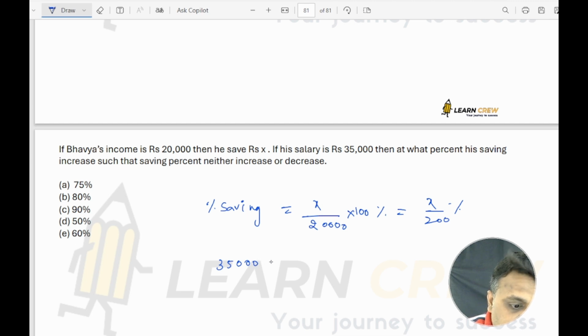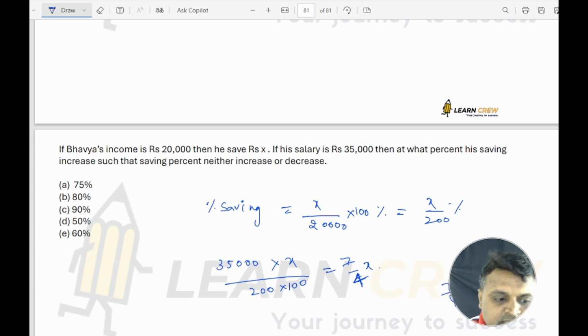On 35,000, there is the same X by 200 percent. So it becomes, 3 zeros cancel, 7 by 4 X. So initially his saving is X, finally the saving is 7 by 4 X.